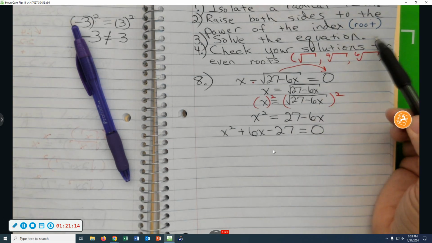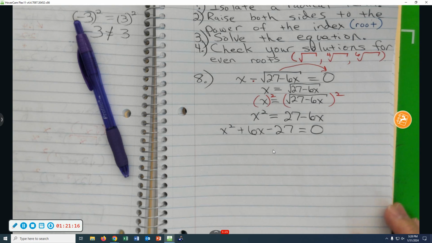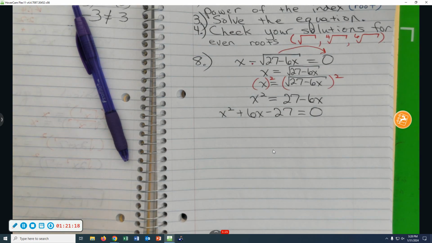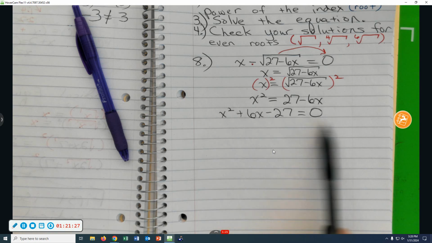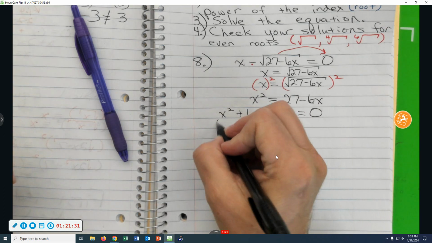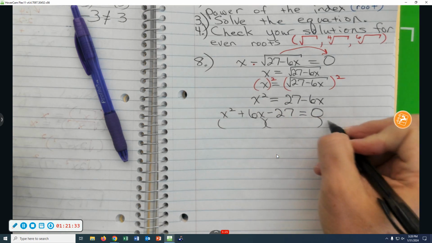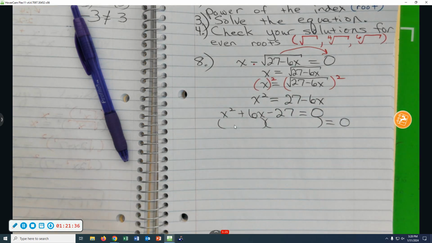Hey, we're ready for step 3, solve the equation. It's a simple trinomial. As I said, frequently, when you're going through the messier problems, the trinomial will result in a simple trinomial. So that's nice. X squared, that's just x times x. Oh, and you're wondering, how do I even know that they're factorable?